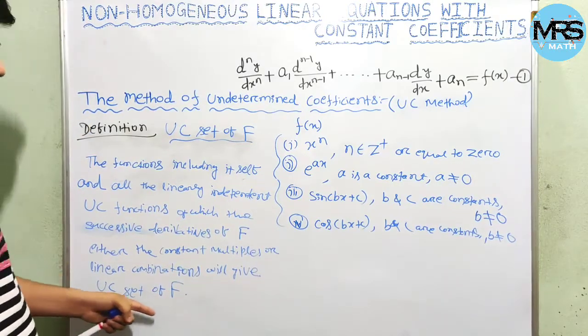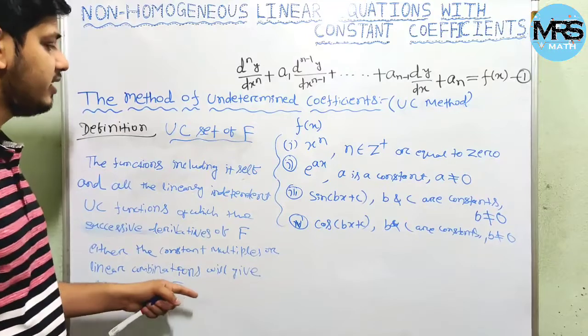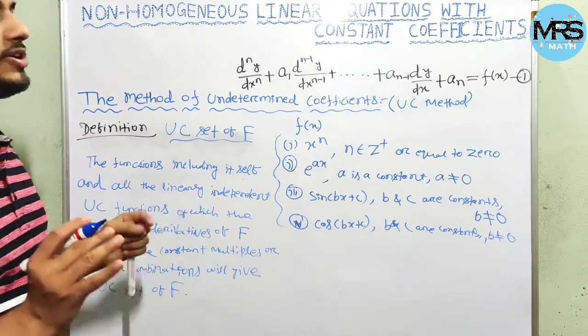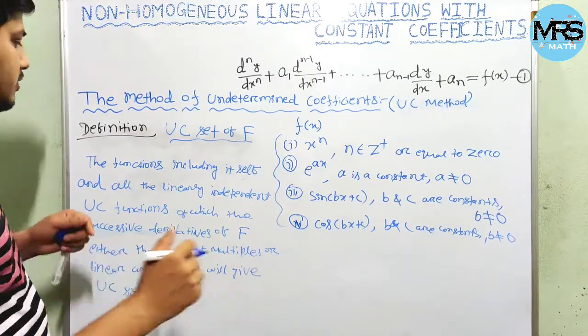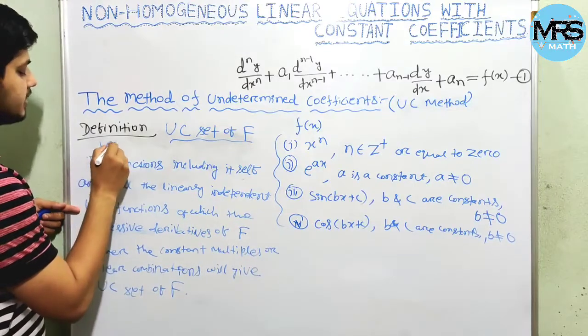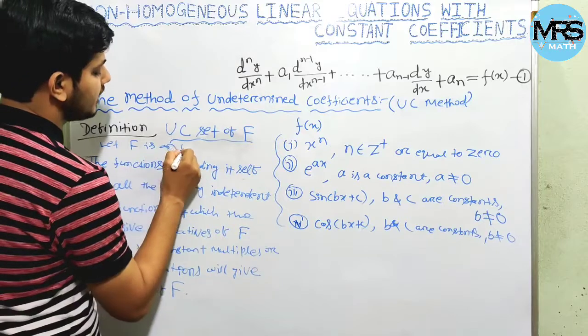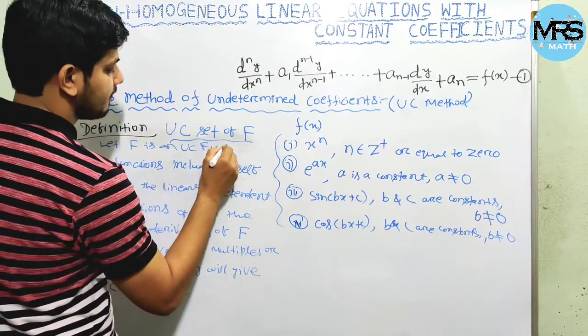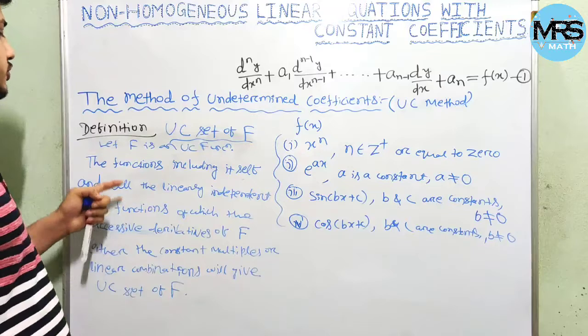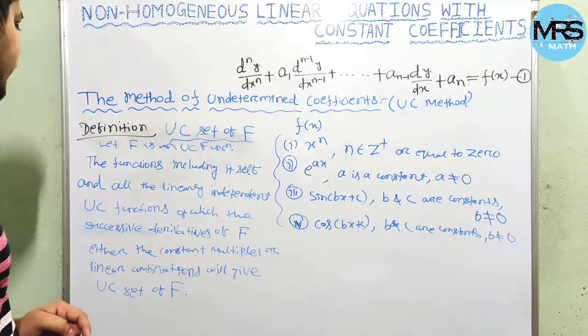So what is f? f is an undetermined coefficient function, so you can write here: let f be a UC function.